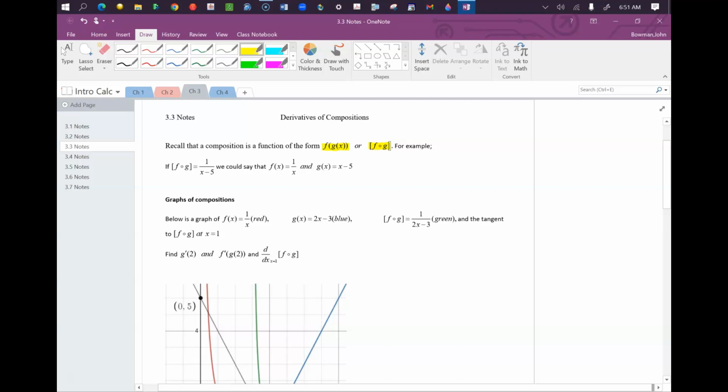So if we were going to say f of g is equal to 1 over x minus 5, we could say that f of x is equal to the 1 over x function and g of x is equal to the x minus 5 function.